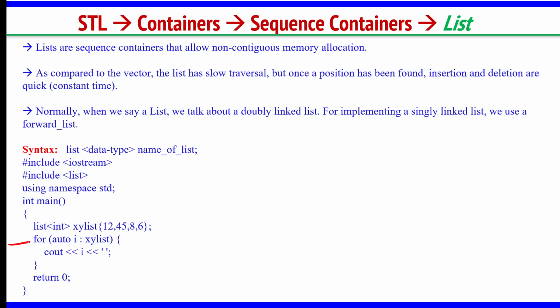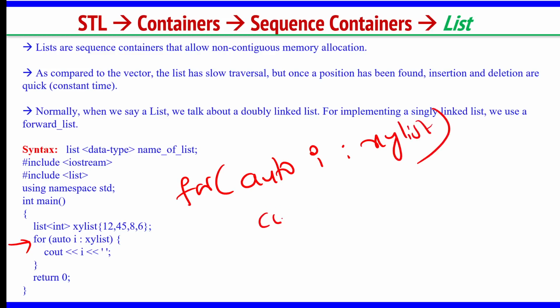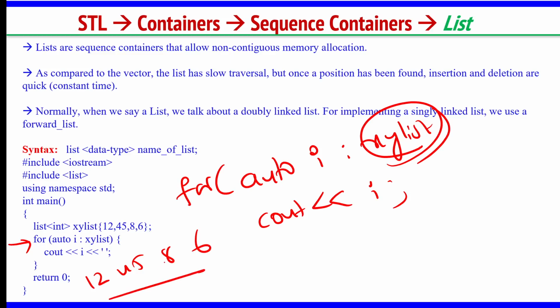This is just a syntax here, and it is very simple: for auto i colon the list name, and simply say cout of i, it will give you the elements in this xy list. So, here the answer will be 12, 45, 8 and 6. We are yet to study iterators, we will see how to do that, but the prime focus here is about list, that is double linked list.